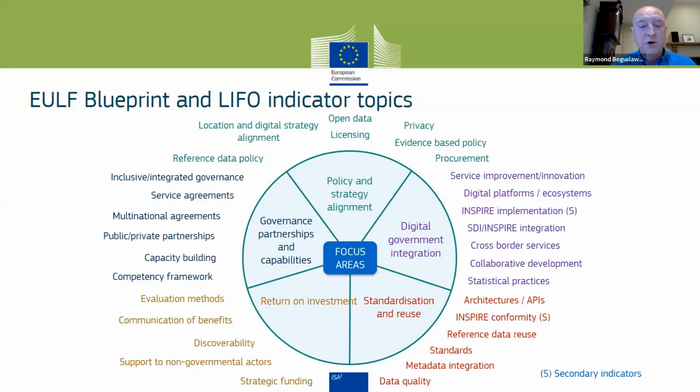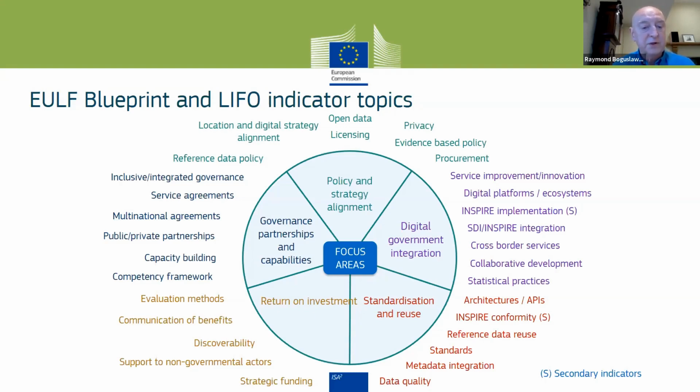So here are the topics covered within the blueprint and the LIFO indicators. For policy and strategy alignment, we focus, for example, on open data, licensing and privacy. In digital government integration, the integration of the spatial data infrastructure in digital public services and data ecosystems. On standardization, the architectures, the use of APIs, and particular standards and quality.